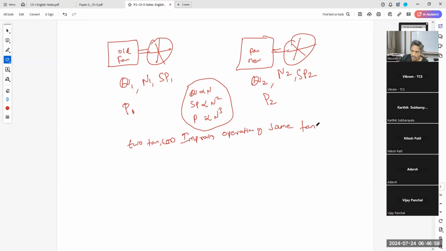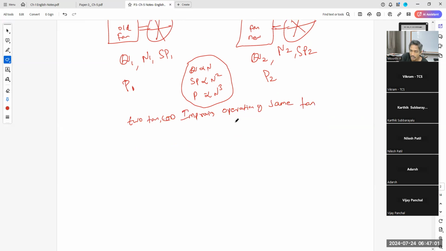For example, now the fan is running at 1400 RPM. Now I am going to increase the speed to 1500 RPM. Can you imagine this one?